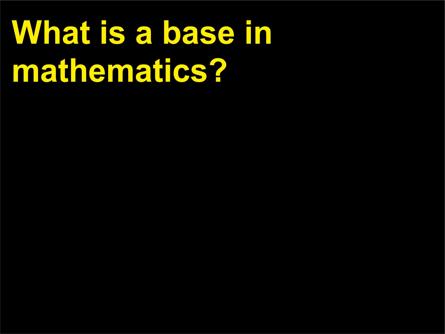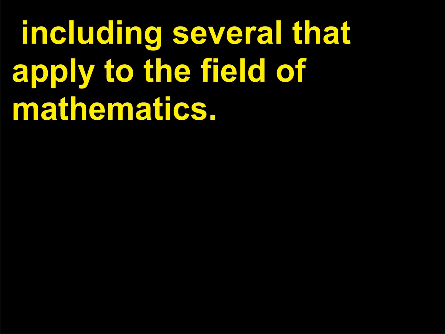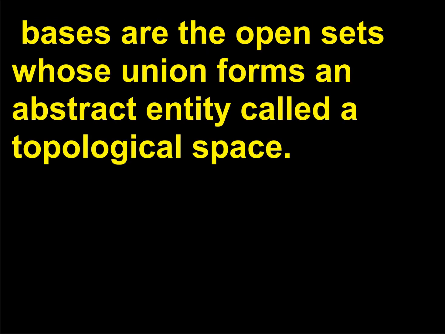What is a base in mathematics? The term base has many meanings in the English language, including several that apply to the field of mathematics. When talking about sets, bases are the open sets whose union forms an abstract entity called a topological space.